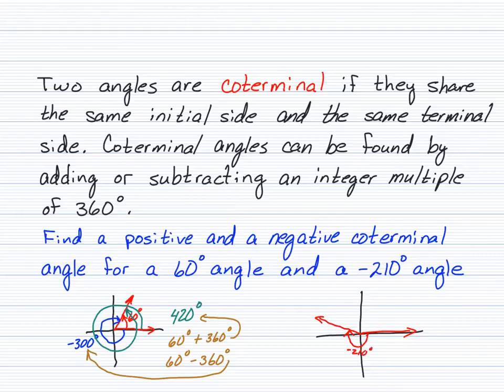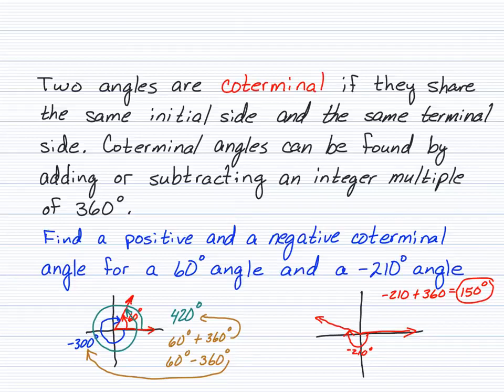All right, so we could get a coterminal angle by rotating this way instead, and that would be the same initial side and the same terminal side. And so we would get this measurement by taking our negative 210 degrees and adding 360 to that. And that would give us 150 degrees. So this angle is a positive coterminal angle to that negative 210.